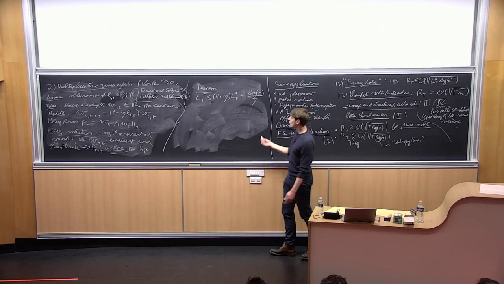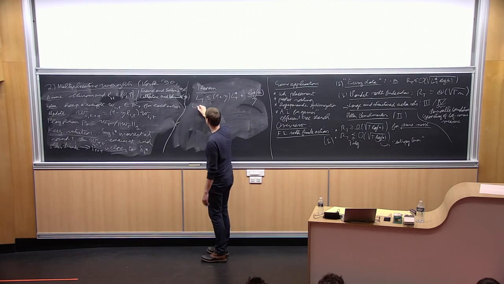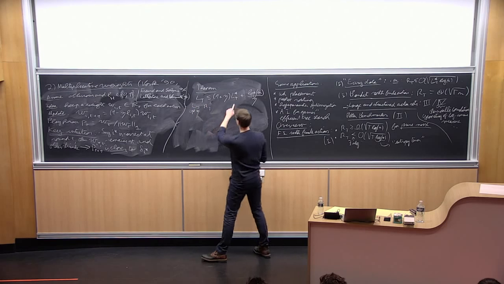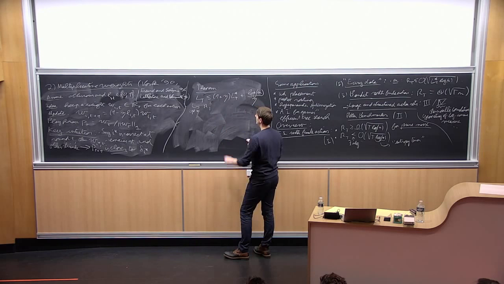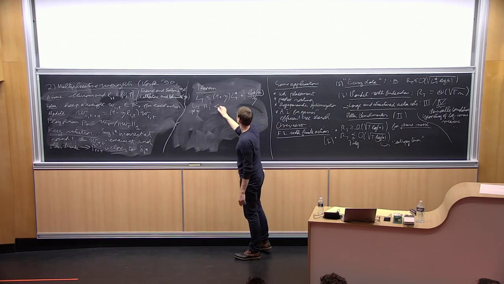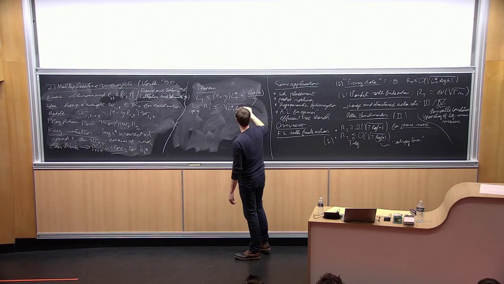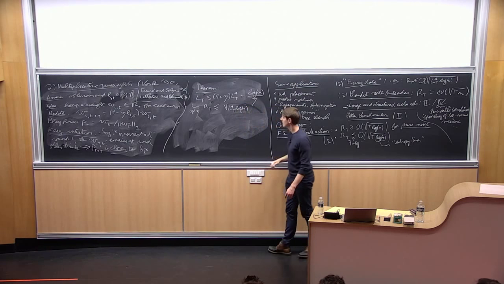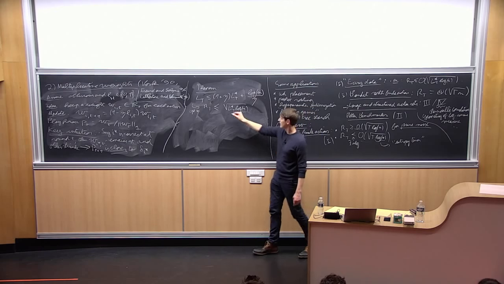So if you optimize over eta, then you find that your regret, I just put L star t here, I get eta L star t plus log n over eta, so I get the geometric mean. You get square root of L star t log n, maybe with a factor 2.